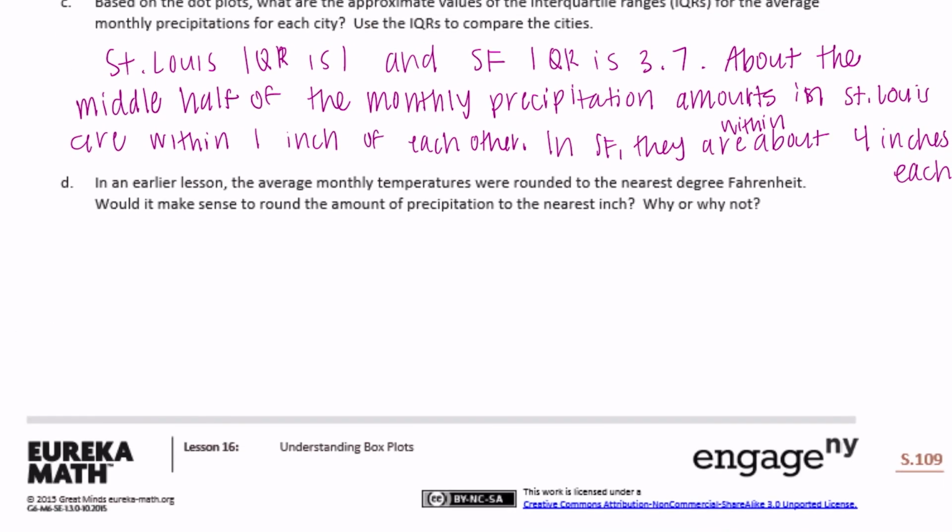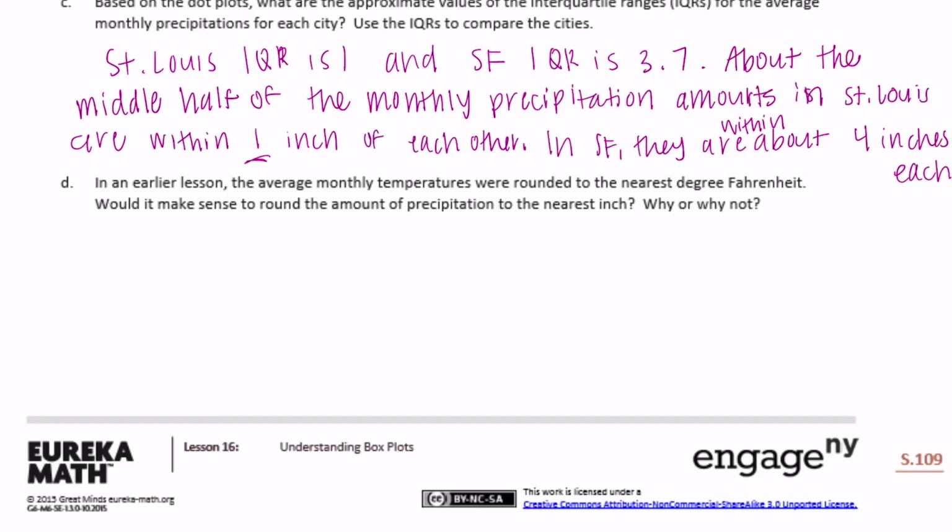D. In an earlier lesson, the average monthly temperatures were rounded to the nearest degree Fahrenheit. Would it make sense to round the amount of precipitation to the nearest inch? Why or why not? I would say it wouldn't really make sense to do that, because when we're talking about numbers so small as 1, like a few tenths can really matter. Like the difference between 1 3/10 and 1 9/10 varies greatly.